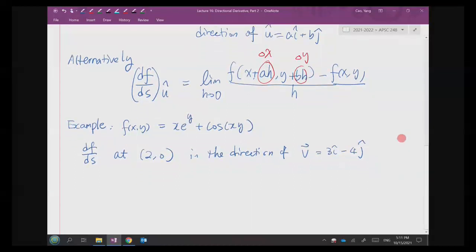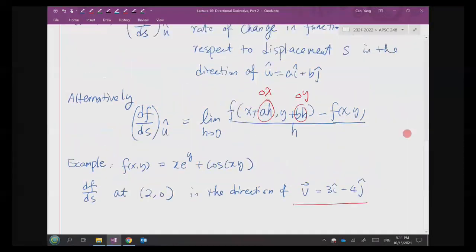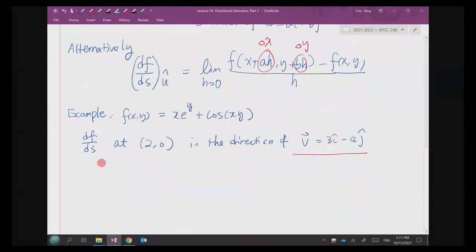All right, the question itself is not that difficult, but the only thing we need to be careful about is when I use the formula for directional derivative, so df ds in a certain direction at a certain point equals the del f at that point dot u hat. When we use this formula, it is the unit vector that we're using here.